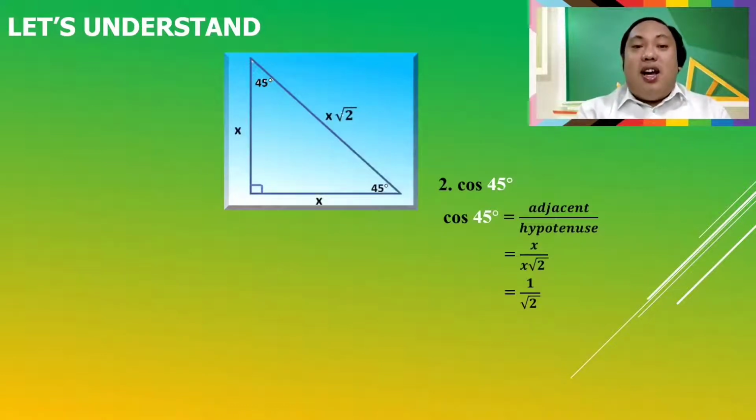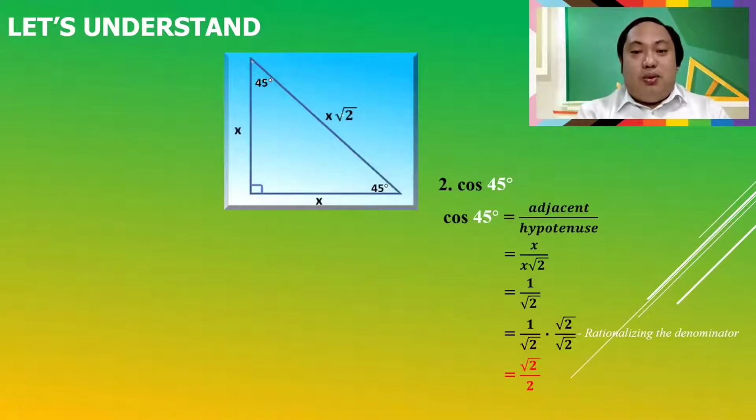Again, we have a radical in the denominator. Then we have 1 over square root of 2 times the square root of 2 over square root of 2 by rationalizing the denominator. So we have square root of 2 over 2. Therefore, cosine 45 degrees is square root of 2 over 2.